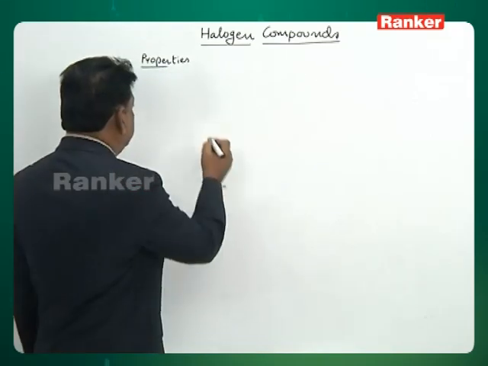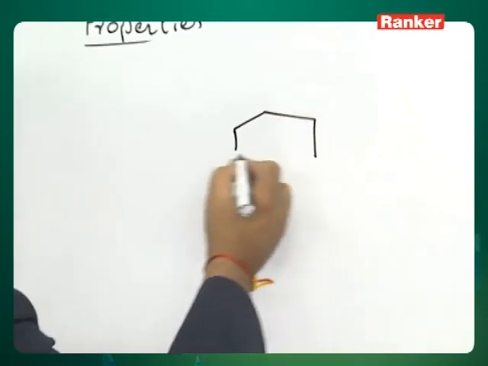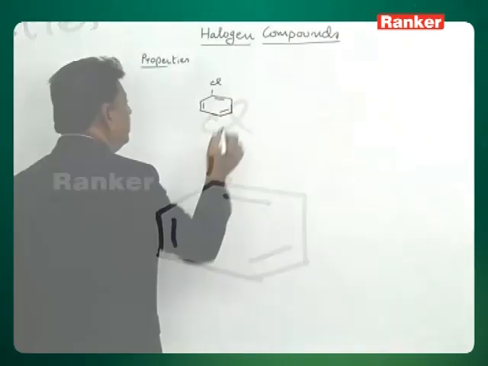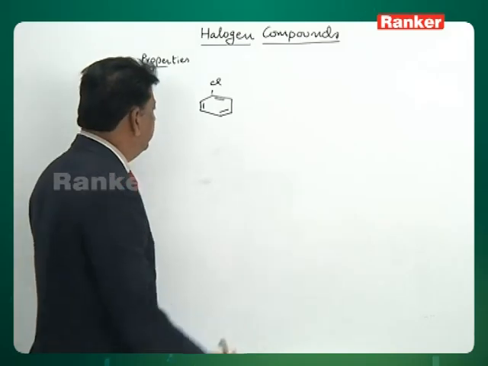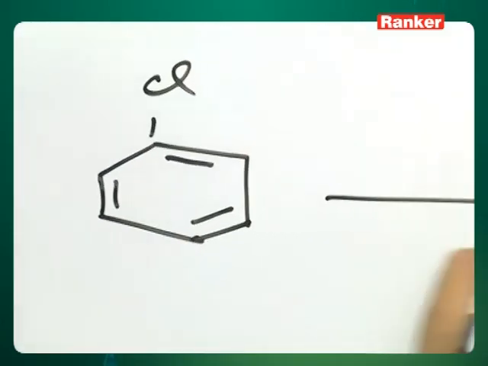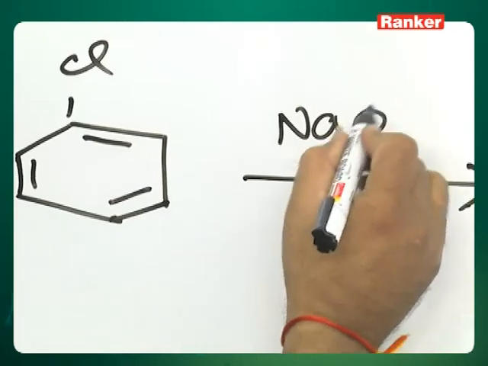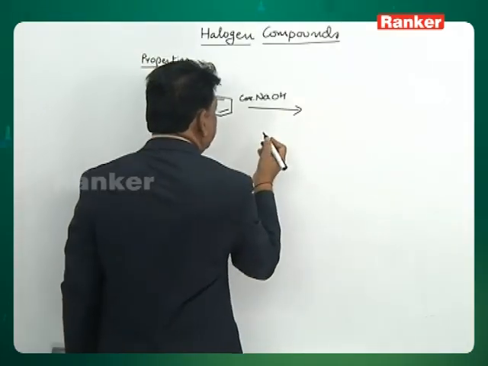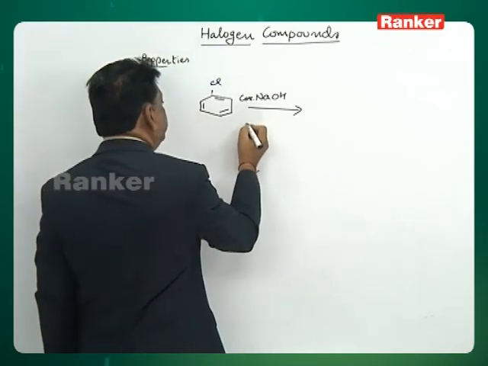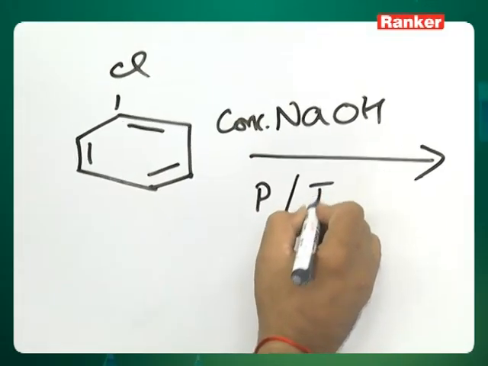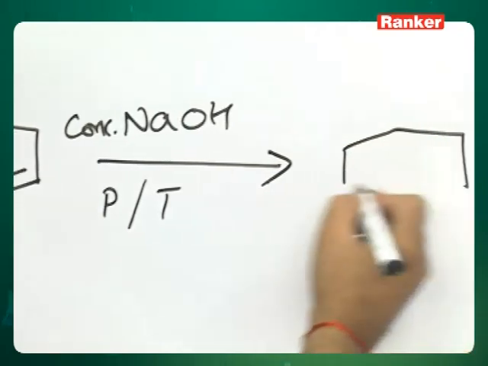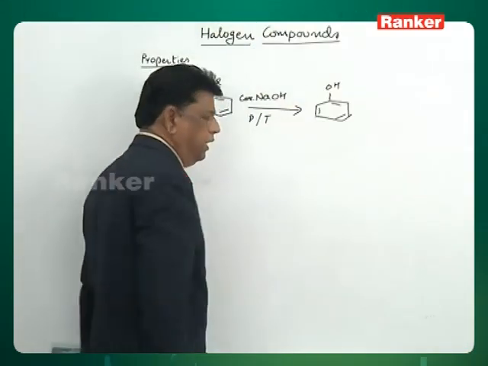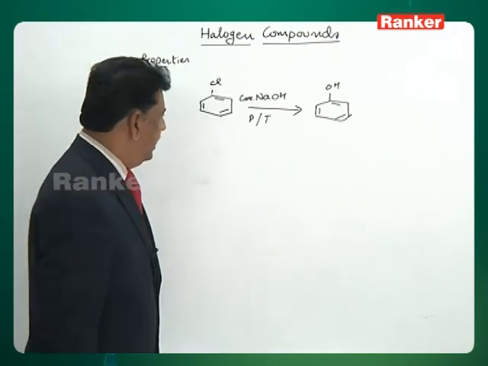Okay. There is a special case of substitution in the aromatic system. If a chlorine is on the benzene and I add concentrated NaOH under pressure and temperature, the reaction takes place and we get phenol, which is a nucleophilic substitution reaction.